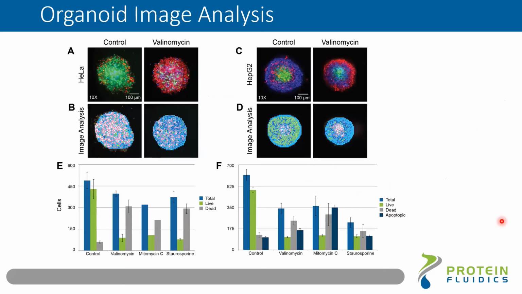This shows some of the analysis that you can do with the ImageXpress Micro system and MetaXpress software, where you take the organoids or the spheroids, segment the spheroid from the background, and do analysis on a cell-by-cell basis within the spheroid. In this case, counting the number of cells: total cells, live cells, or dead cells.